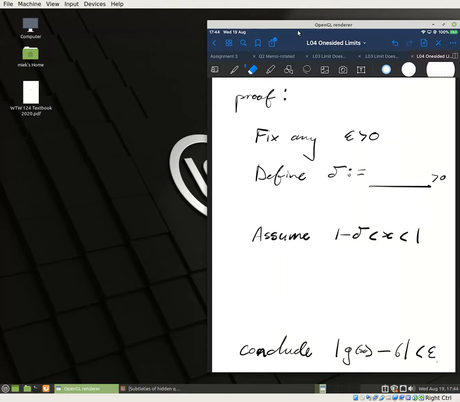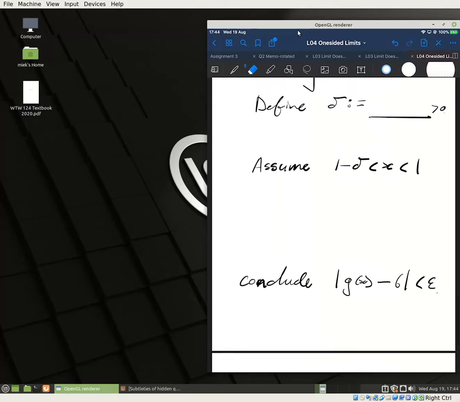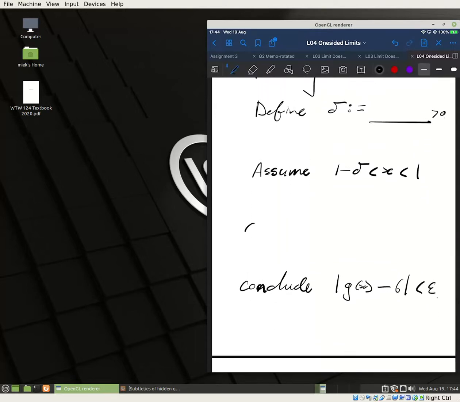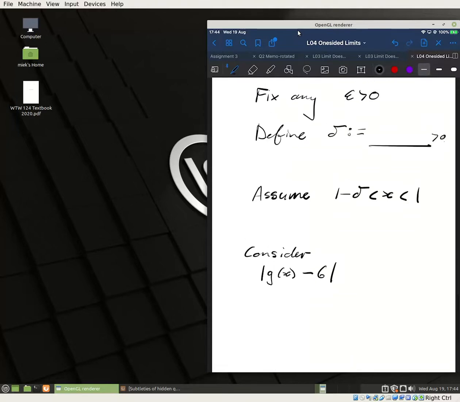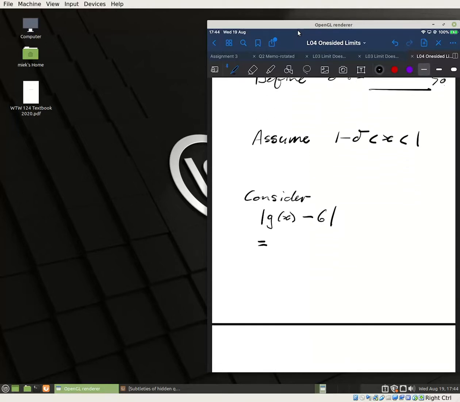So let us start over here and consider this expression that we're interested in to finally have less than epsilon. So let us consider g of x minus 6. Now let us expand this.